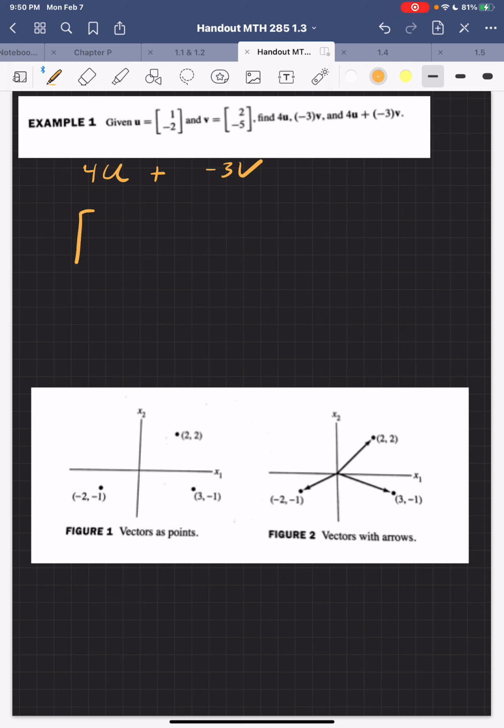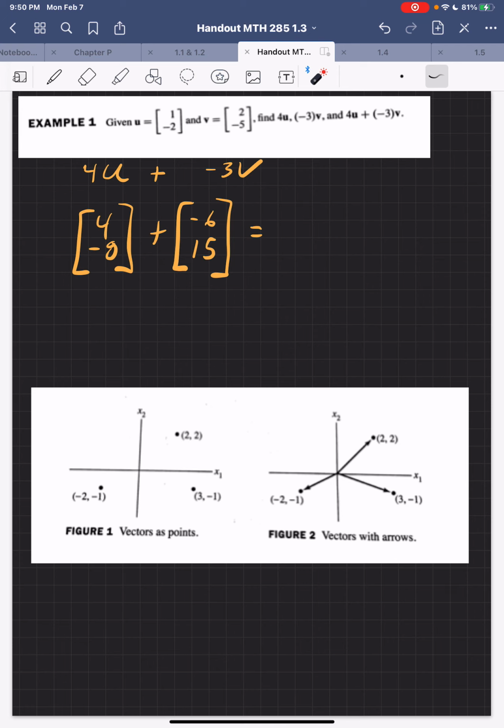So 4u was 4, negative 8, and negative 3v was negative 6 and 15, I believe.